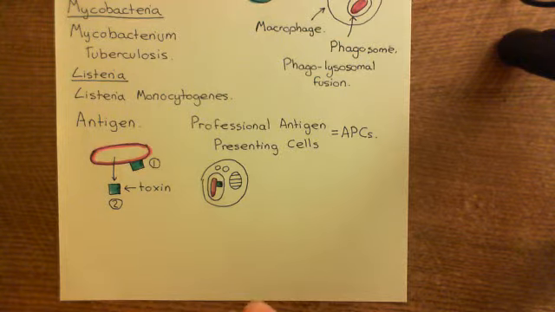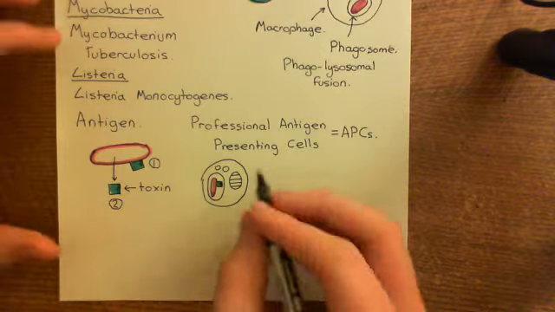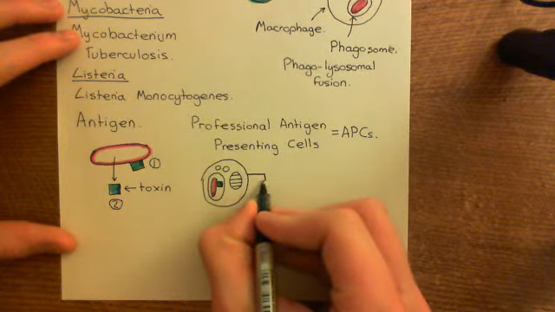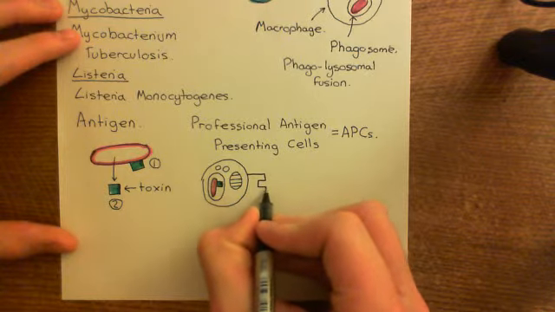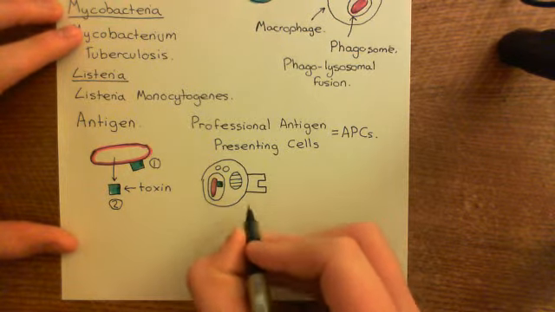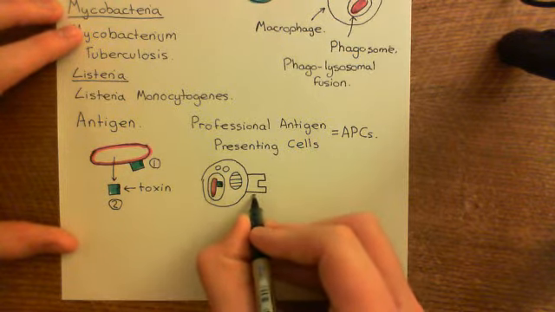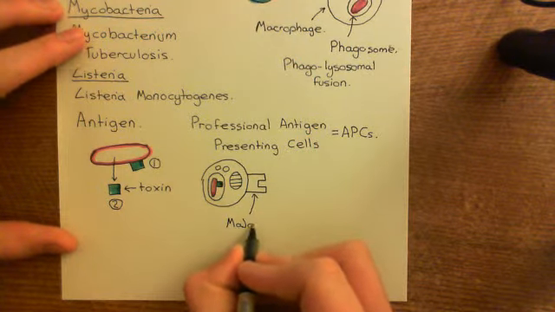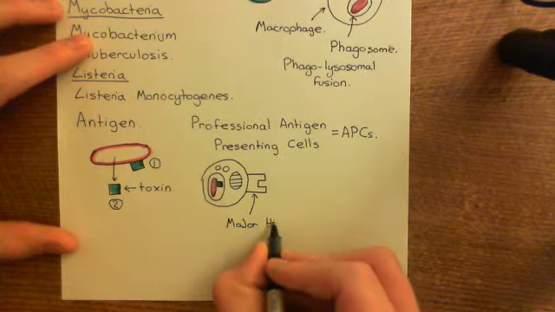into little fragments. And we're now going to present these fragments on a protein complex that is on the surface of these cells. Okay, so this protein complex is what's known as Major Histocompatibility Complex Class 2.